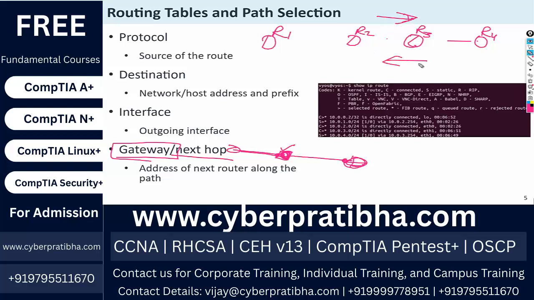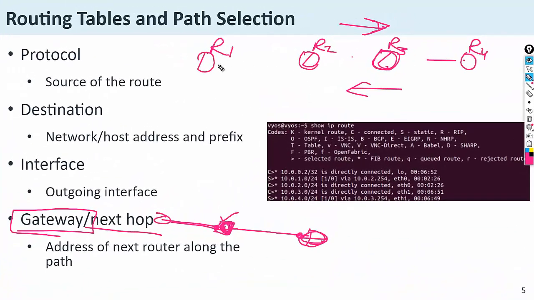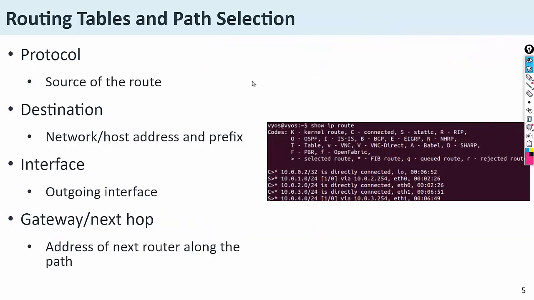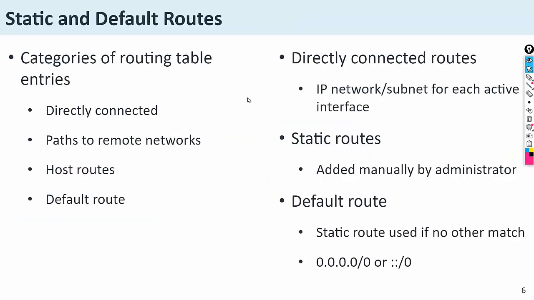But in this flow, for R3, the next hop will be R2. Similarly, in this condition, for R2, the next hop is R1. And in this condition, for R1, R2 will be the next hop. I hope it is clear: the next hop, interface, destination and protocol.